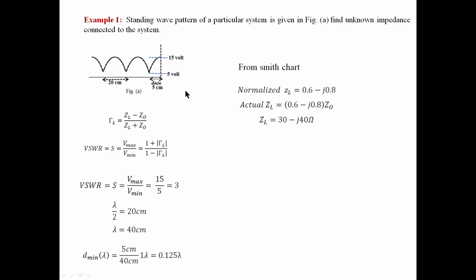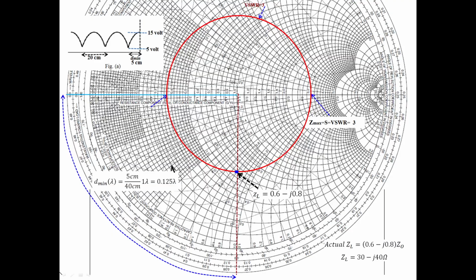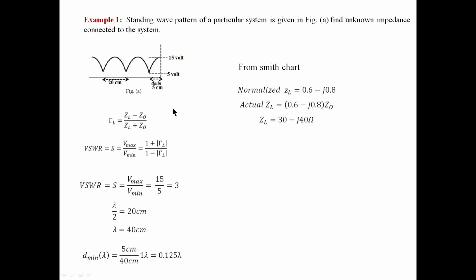This is a standing wave pattern for a particular load value. They have given the maxima, minima and all. So we have to find the unknown load value. It is not given. What is the load value?